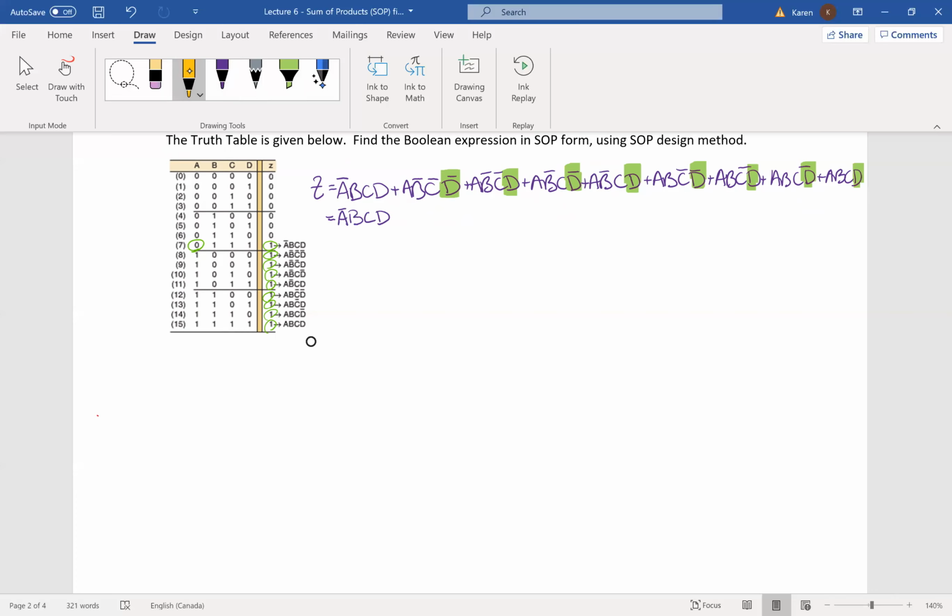So what I'm going to do is factor out D inverted plus D from all of these other factors.